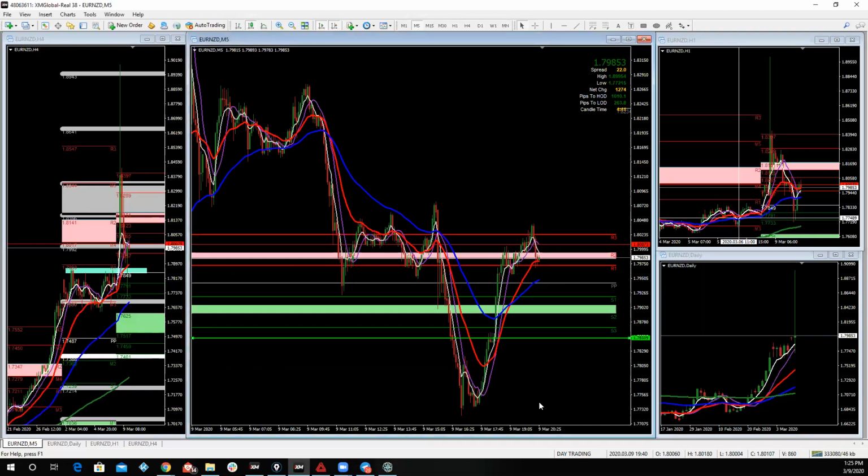Right. So you're looking to get involved here where the support of the bigger time frame is, right? And we have it on the H1 right here, and somewhat here on the daily.